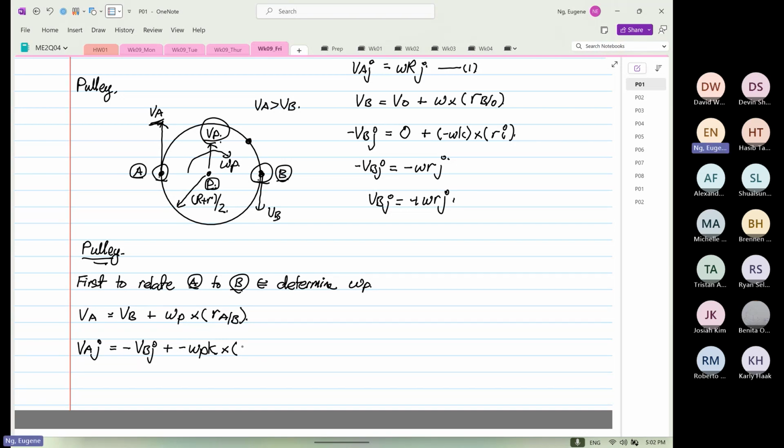So this will be 2R plus R, then divided by 2, and this will be equal to our I, okay? So B, and then there is a minus sign.